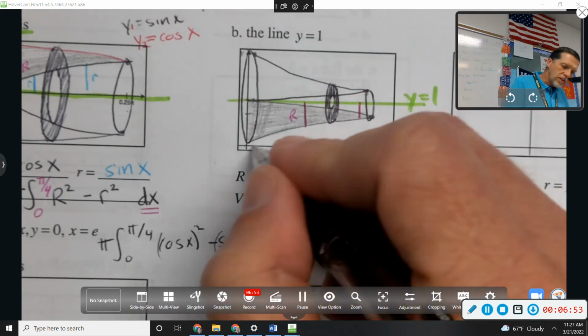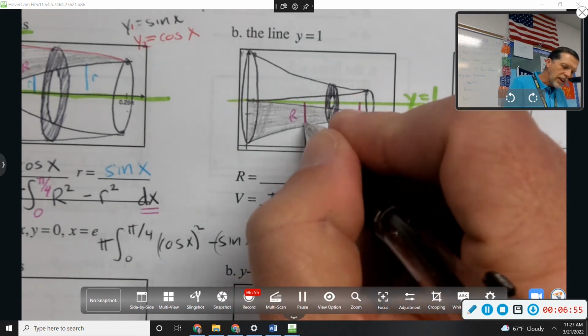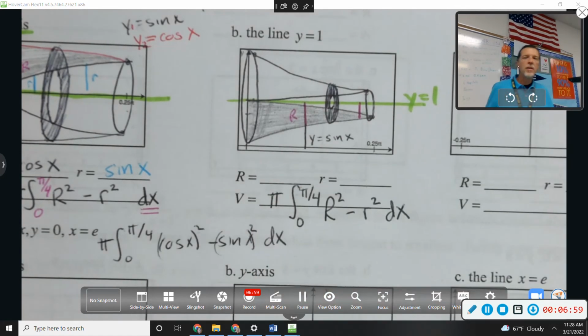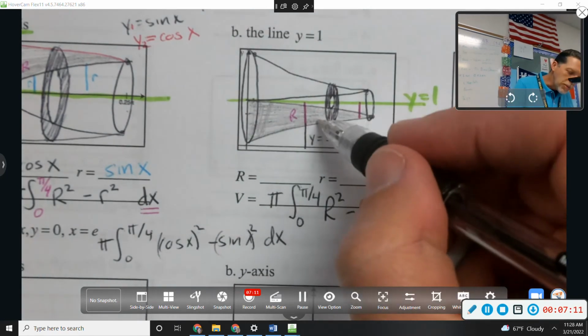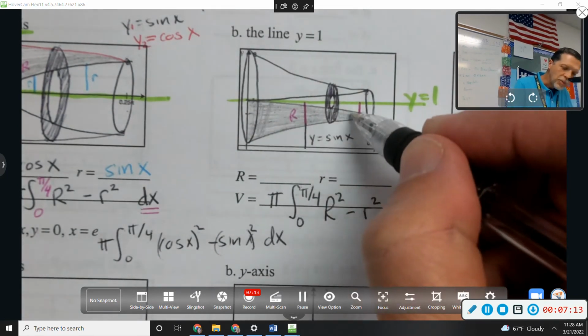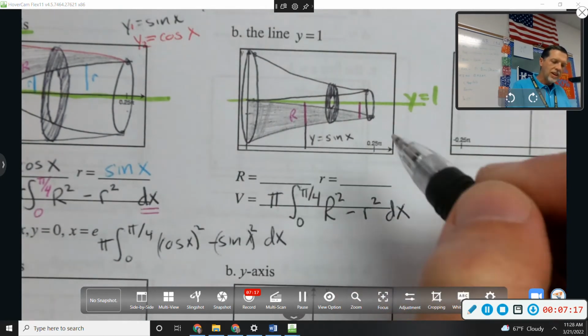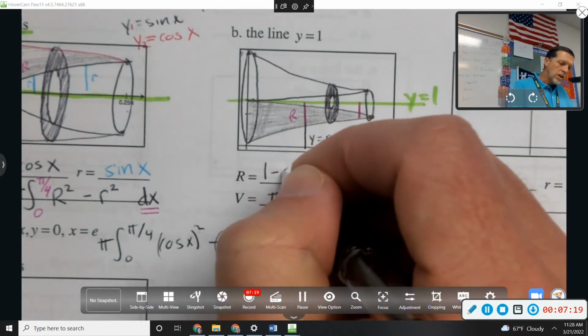So it's related to sine x, but sine x is this distance. Big R is not that distance. Big R is related to that distance. Cosine minus sine would be the height of the little piece there. So it's not cosine minus sine. It's 1 minus sine of x.